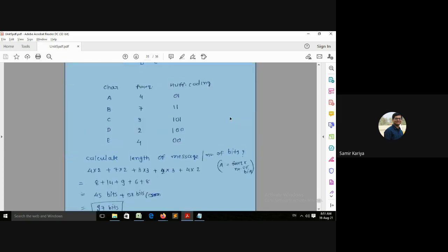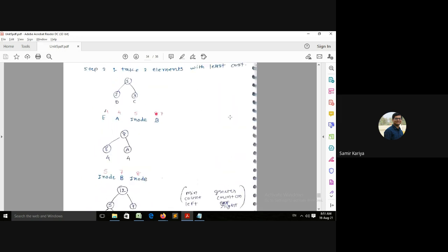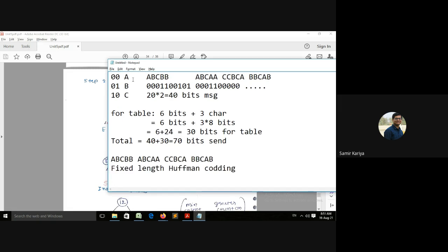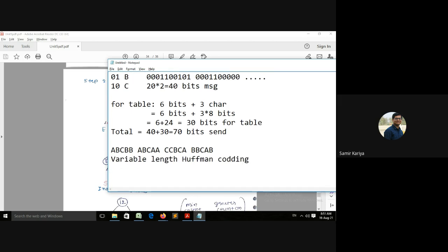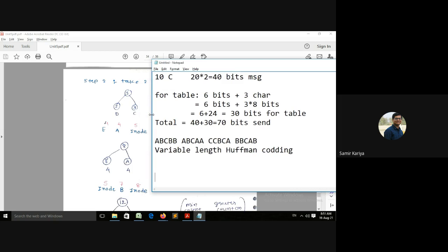So let's follow the steps for variable length. First of all, you have to create the heap tree, the max heap, or you may say it's a summation. Now, for the same message but variable length, first make the frequency table, then create the tree, and then find out the total number of bits.